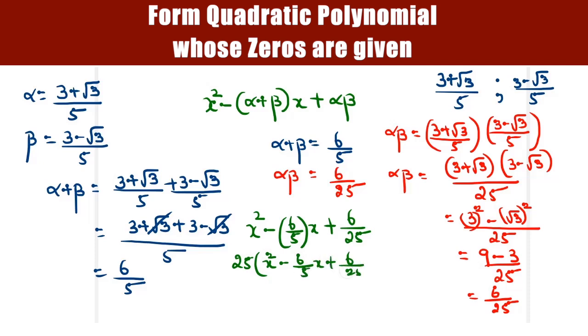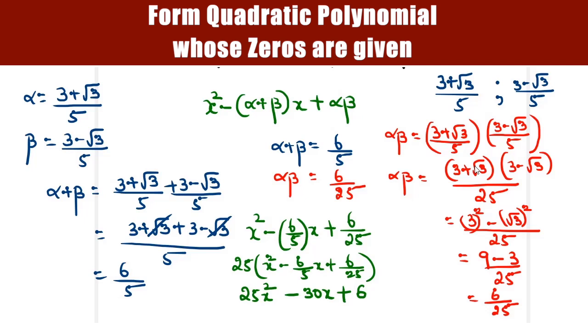I've just copied the equation. Now term-wise, let's multiply by 25. So it is 25x squared minus 6 by 5 into 25. So 5 gets cancelled, 6 fives are 30x, plus 25 will get cancelled, so it is 6. The final equation in this case is 25x squared minus 30x plus 6.